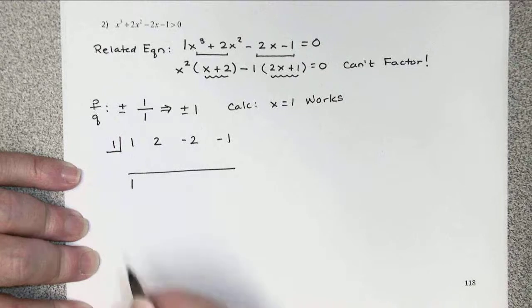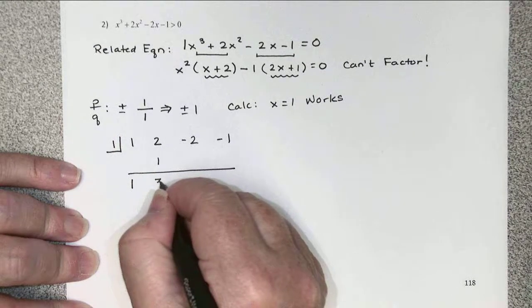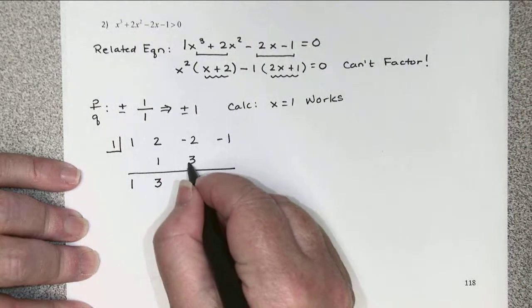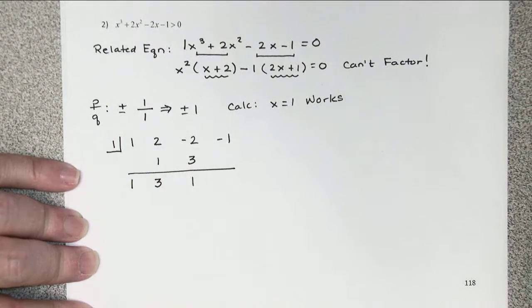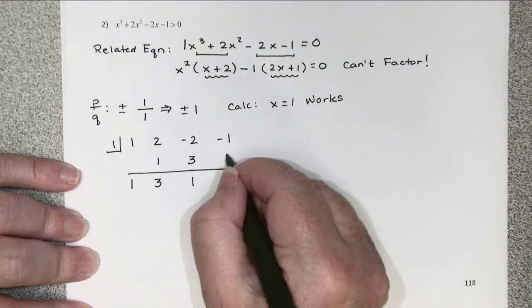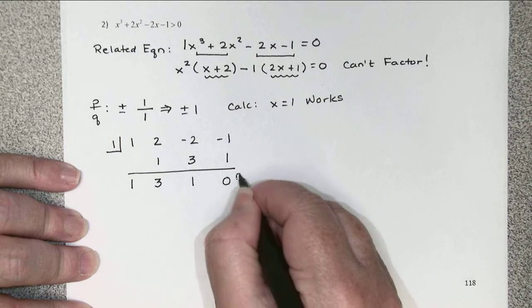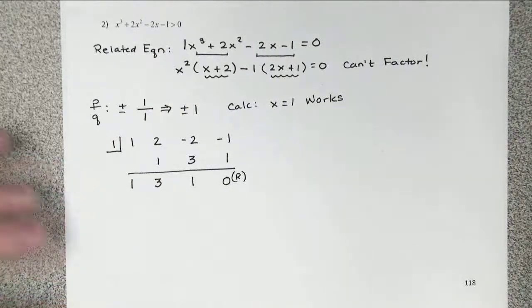I bring down the 1 to start. 1 times 1 is 1. Add those and get 3. 3 times 1 is 3. Add those and get 1. And 1 times 1 is 1. Those add up to 0, which of course is my remainder. And if I did really truly have a 0, that should be 0 all the time.